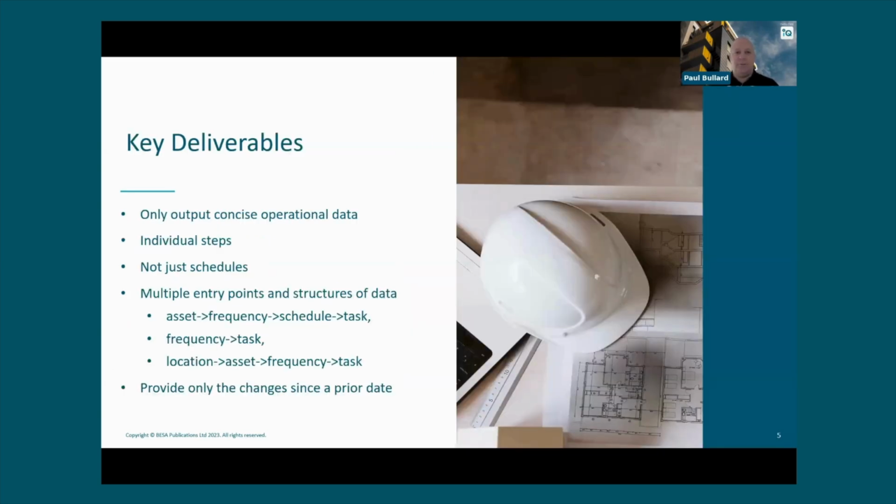So first of all, we set out some key deliverables for this project, and one of them was to only output concise operational data. Now, by that, we're looking at when we're providing information to a CAFM system, we need to make sure that we're not overwhelming them with information that isn't pertinent to their operation.